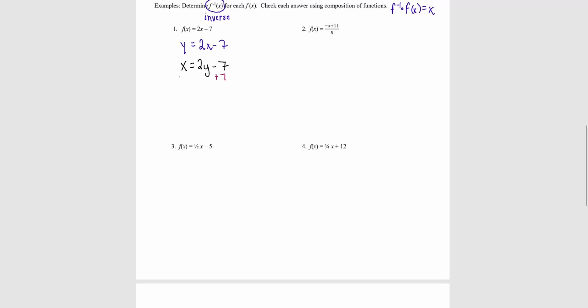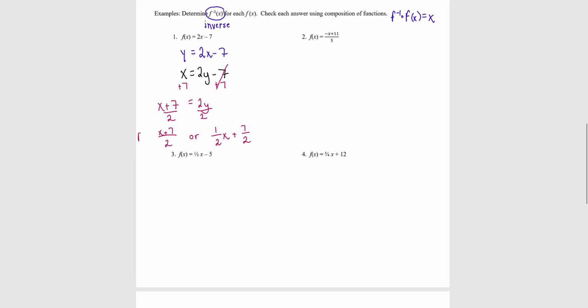So add 7 and divide by 2. So we get x plus 7 divided by 2, or you'll see this written as 1/2 x plus 7 over 2, or 1/2 x plus 3.5.